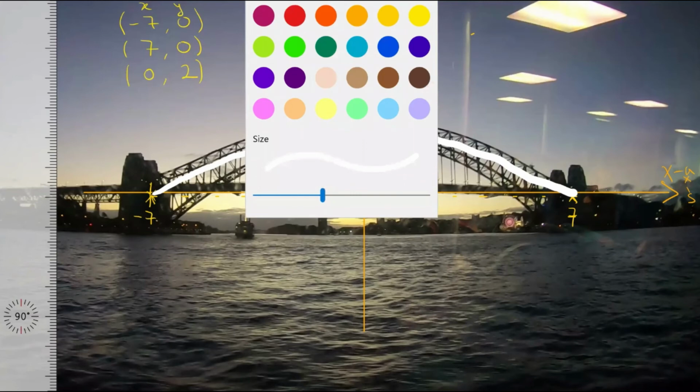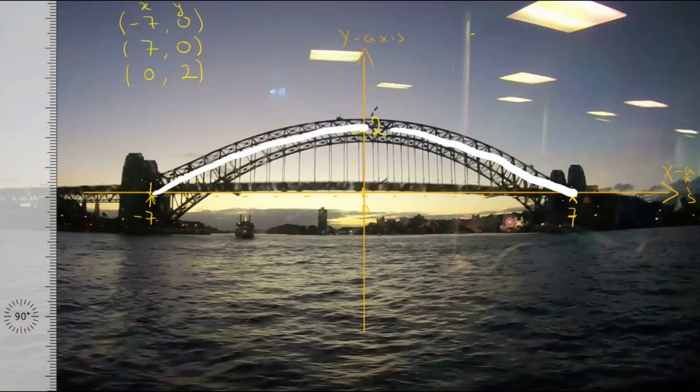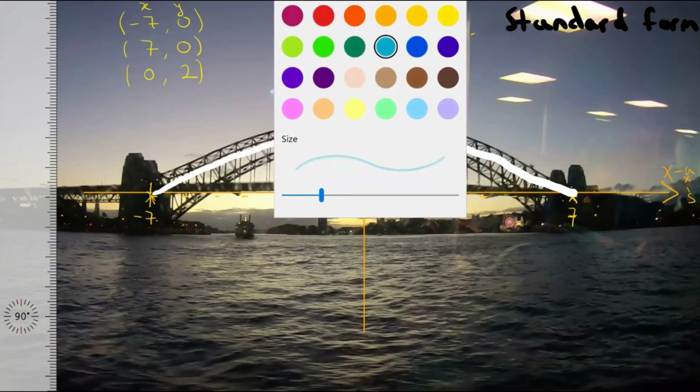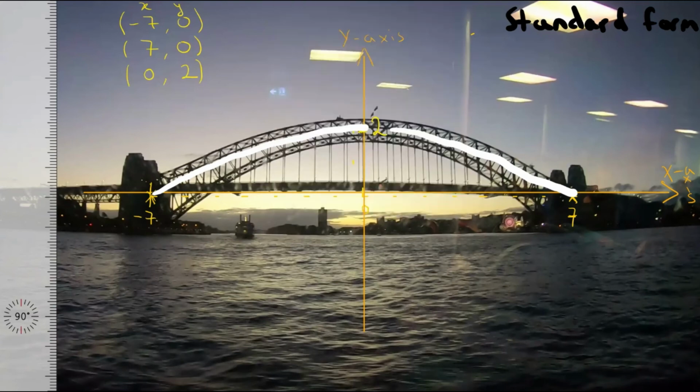So 3 types. One is called the standard form. With the standard form, it looks like this: y is equal to ax squared plus bx plus c.